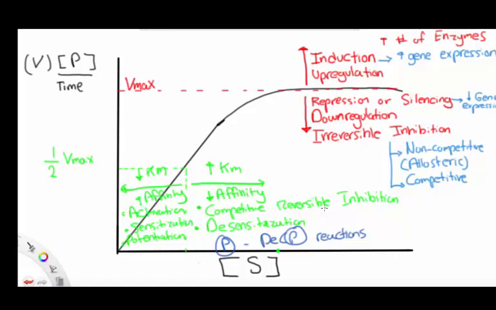It depends on the enzyme. Some enzymes are activated by phosphorylation and inactivated by dephosphorylation, and vice versa. Some enzymes are inactivated by phosphorylation and activated by dephosphorylation. It all depends on the enzyme.